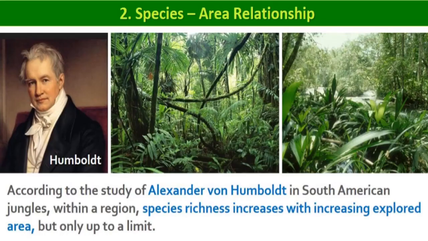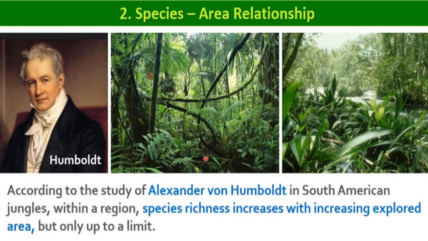After the latitudinal gradient, the next pattern of biodiversity is the species area relationship, and it was given by Alexander von Humboldt. According to the study of Alexander von Humboldt, he did his study in South American jungles, and he found that within a region, species richness increases with increasing explored area.